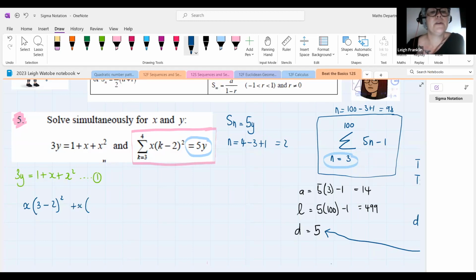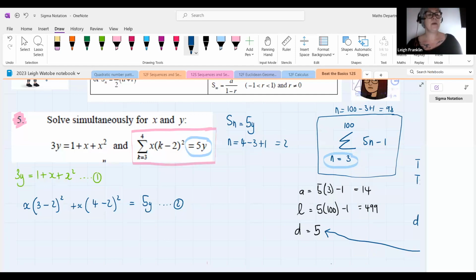Then after we've subbed in 3, we would sub in 4. Okay, but remember, there are only 2 terms in the pattern. We start subbing in at 3, and the last number to be subbed in is 4. And when we add these 2 terms together, we need to get 5y as our SN.